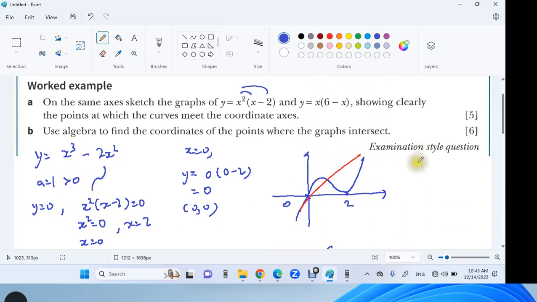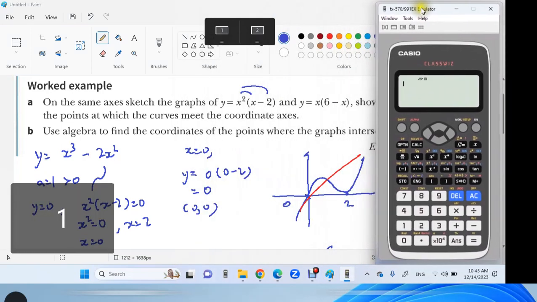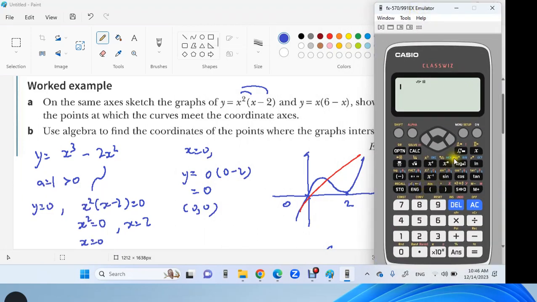To play safe, to make sure your graph is correct, you can substitute more values inside. Like in the previous class, when I showed you how to draw the graph, we have x squared times (x minus 2).